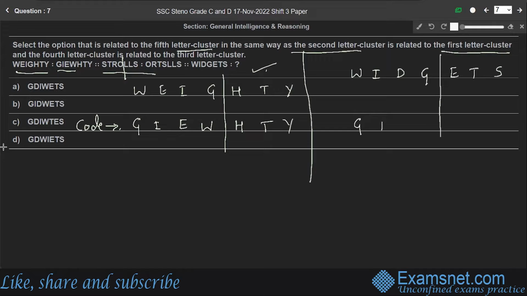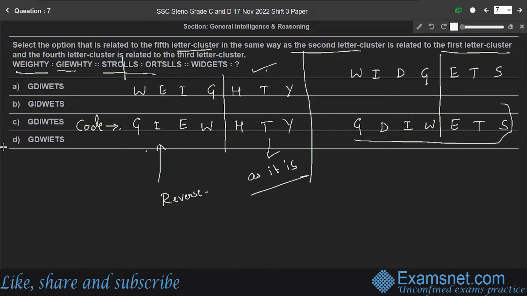So GDIW, and the last three letters will be as they are, ETS, right? Therefore, the code for the fifth word is GDIWETS. Look at option A, GDIWETS. Option A is the right answer.